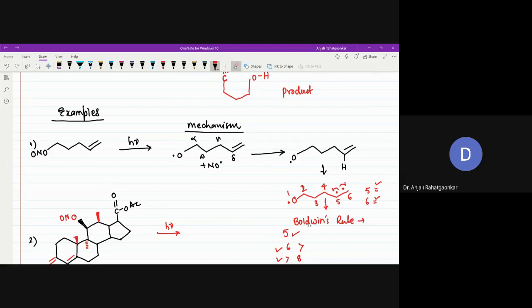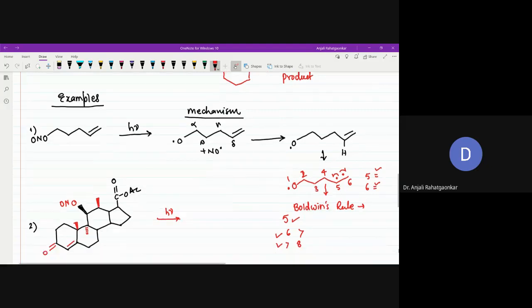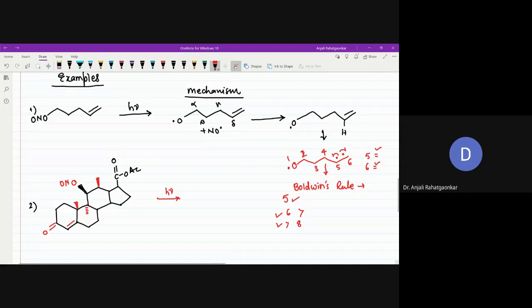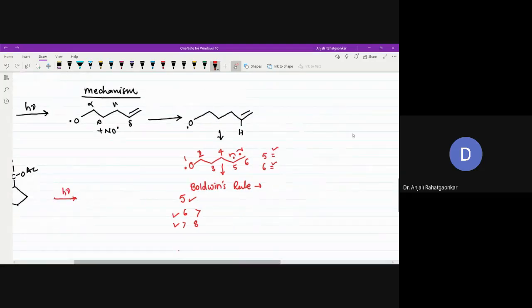So this is how, on the basis of Baldwin's rule, we can form a 5-membered ring over here. Because there are two free radicals at both the centers, I can draw this 5-membered ring.